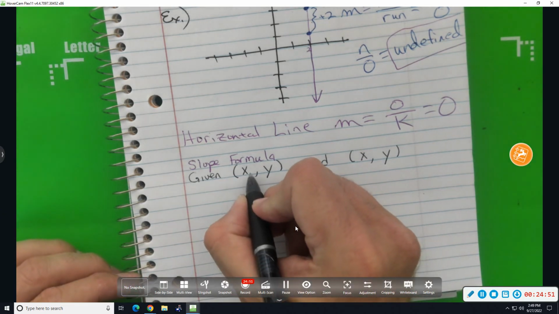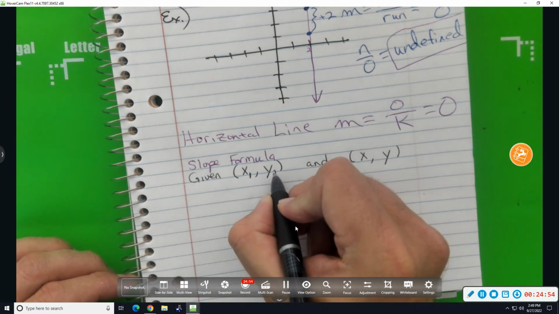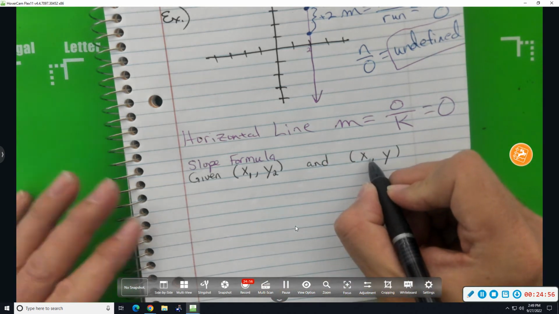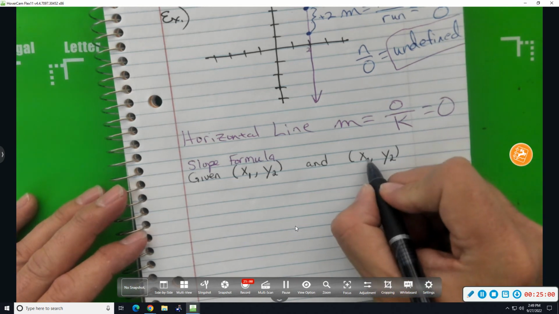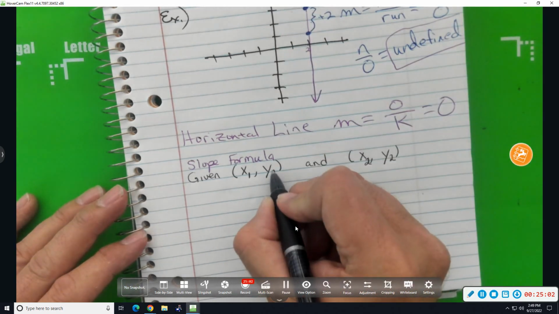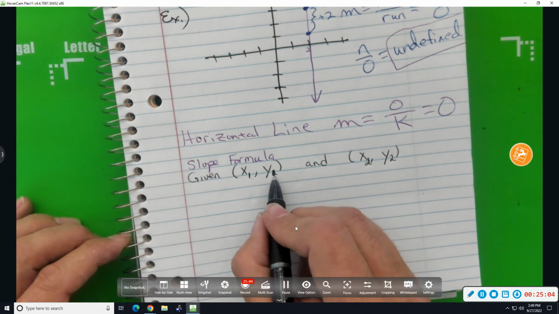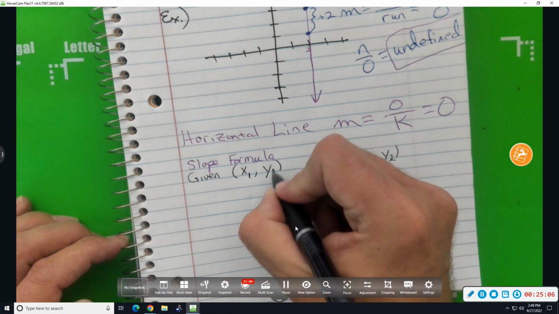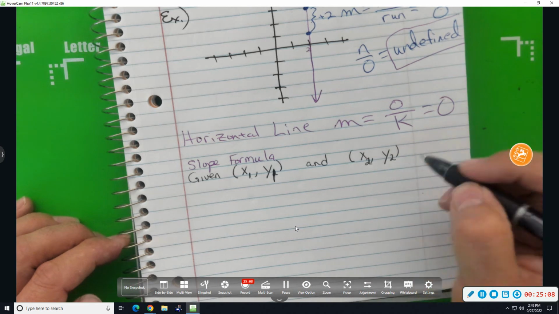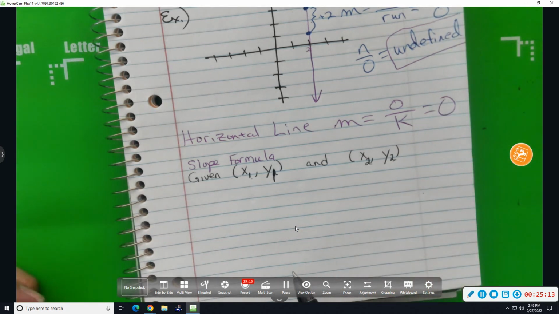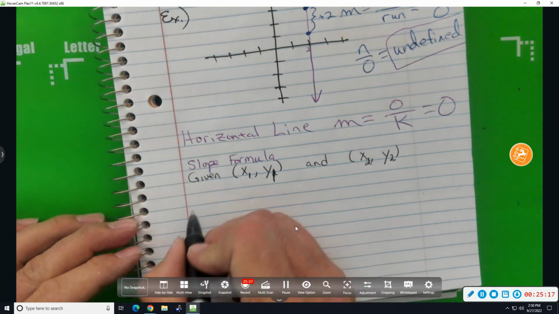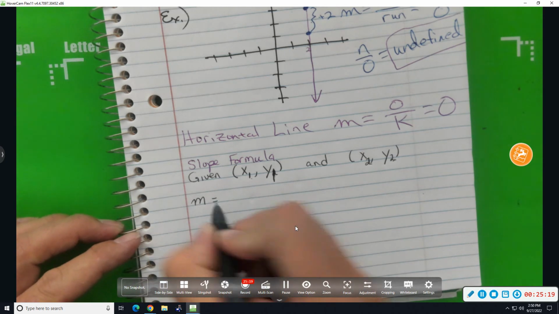I denoted them the same way with the distance and midpoint formula. I'll use subscripts: first x, first y, that's x1, y1, and second x, second y, x2, y2. So you did see that with the distance and midpoint formula.